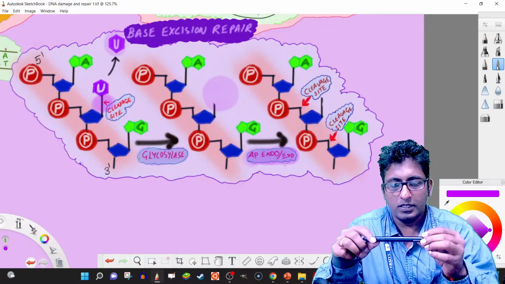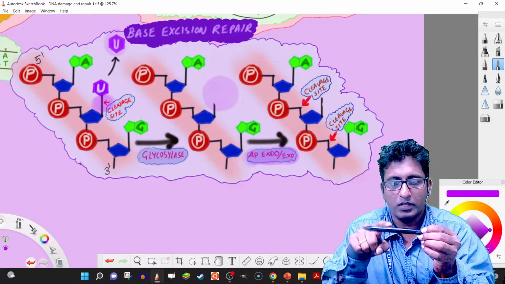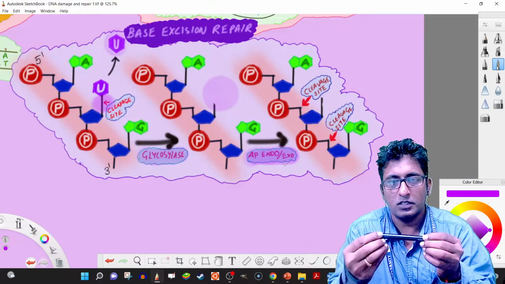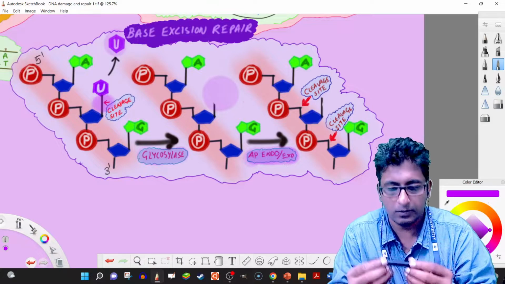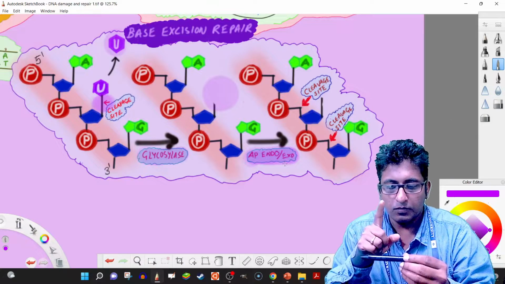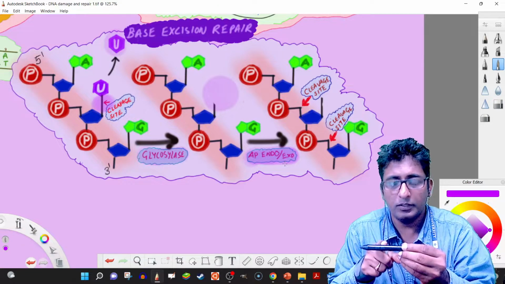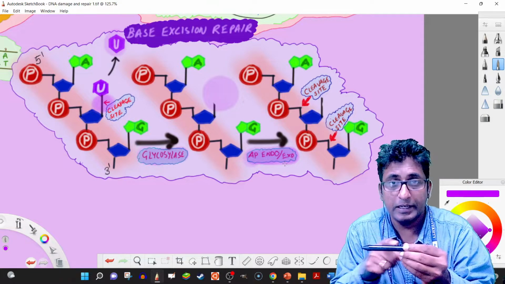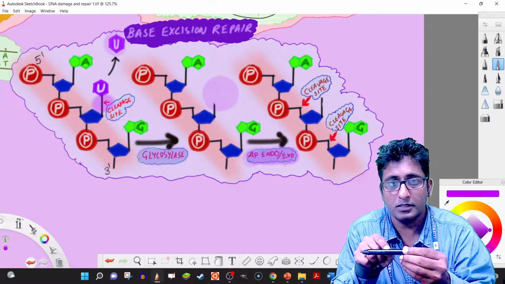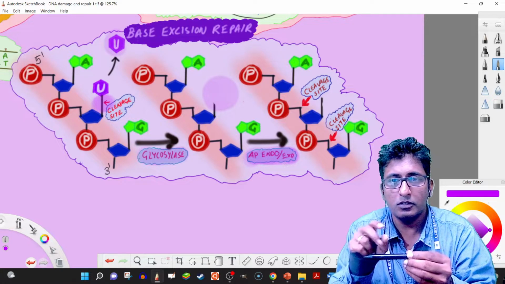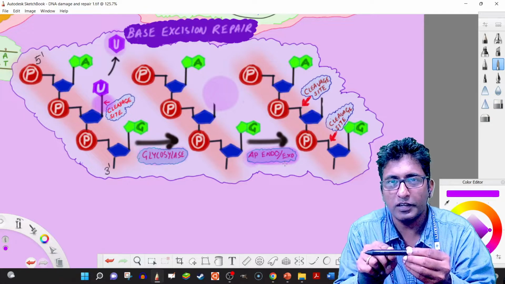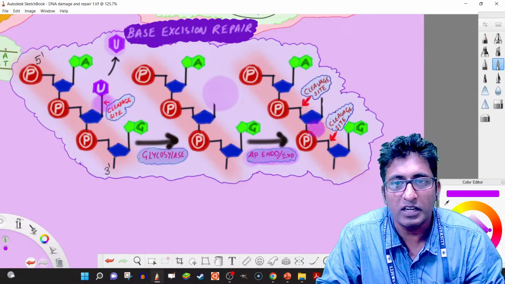Endonuclease activity is about cleaving within the DNA. Exonuclease, of course, is cleaving from the ends of it. So by the first endonuclease activity, it cleaves in the middle of the DNA where the abasic site is present, and then using exonuclease activity, it will remove one additional base.